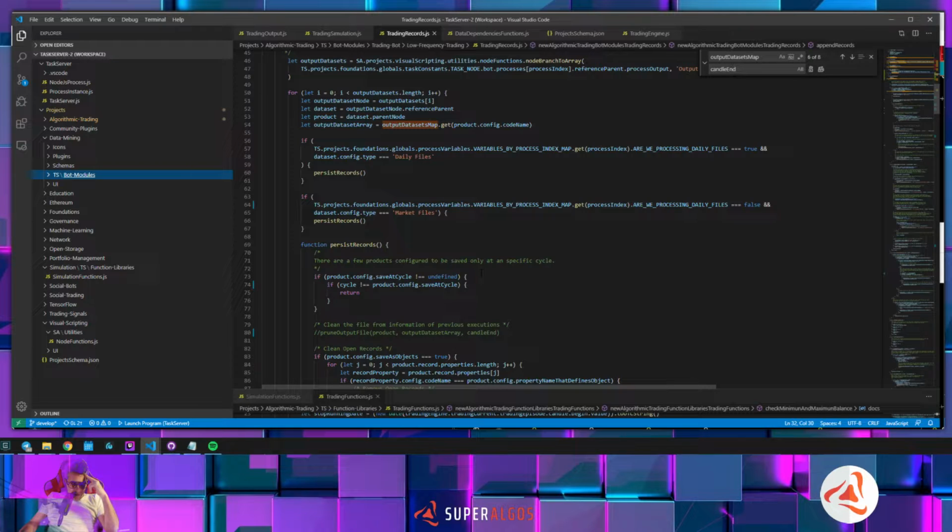We could argue that these are files belonging to the simulation, so probably the simulation is still the best place to store this. So here we have simulation functions. I think I will add one function library.